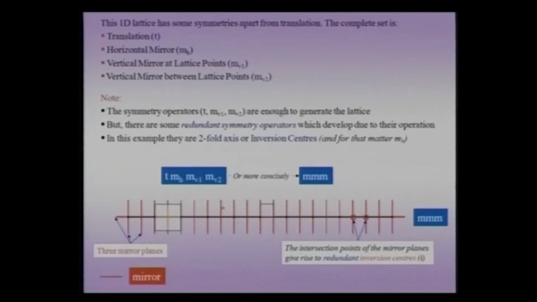So let me take this vertical mirror. For instance, it takes this lattice point from here to here. Therefore, since these two are lattice points, this is a mirror plane. Now again translation will take this mirror from here to here and to here, which are all but a set of pre-existing mirror symmetries of this lattice.